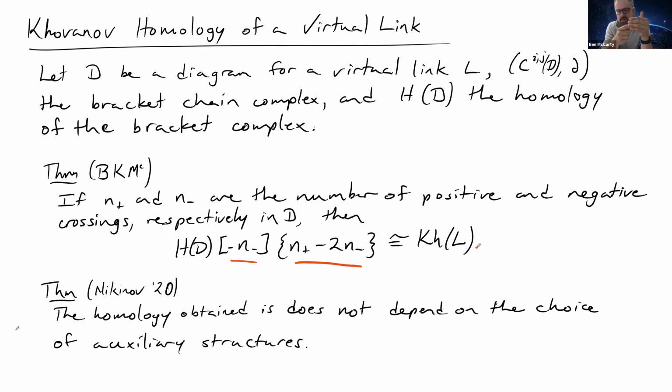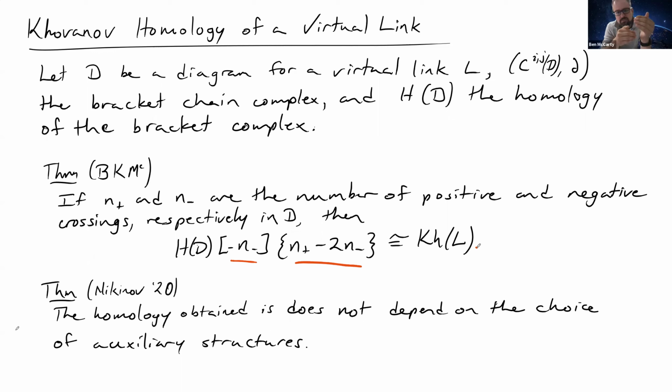The choices of a cut point system, the choice of a global order, the choice of your convention for the local orders. You have all these different choices that you're making. Now, all of those choices might potentially matter, might potentially change the homology that you're going to get.